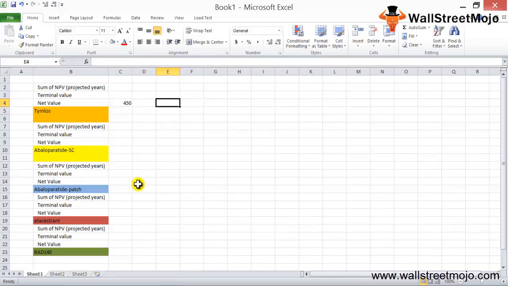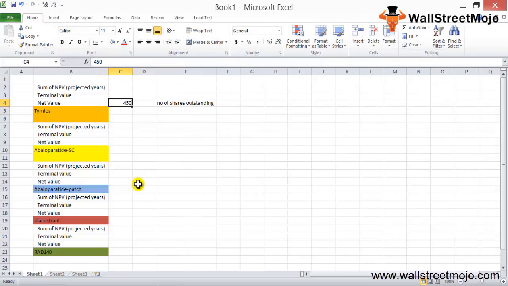This has to be divided by the number of shares outstanding to arrive at the per share value. Let's say the number of shares outstanding is, and this is by the way 450 million, and the number of shares outstanding is, let's say, 10 million. So this by this, and this is a hypothetical example. So this is the final per share value of Tymlos. So this segment is valued at $45 per share.